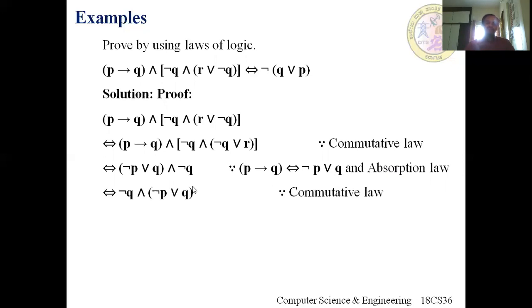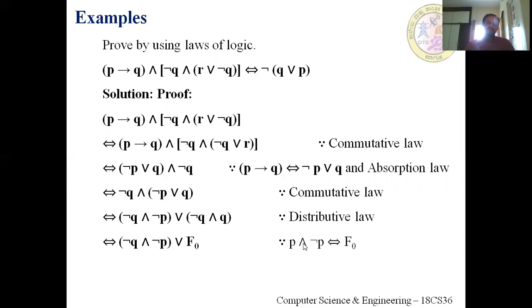Next step goes like this. Once again, apply the commutative law, that is exchange these two propositions, negation of Q and negation of P or Q. Next, we are going to apply once again the distributive law, that is negation of Q and negation of P or negation of Q and Q because of the distributive law.